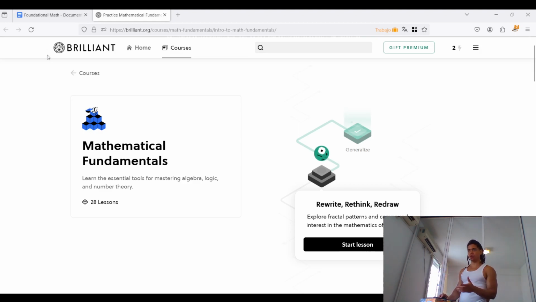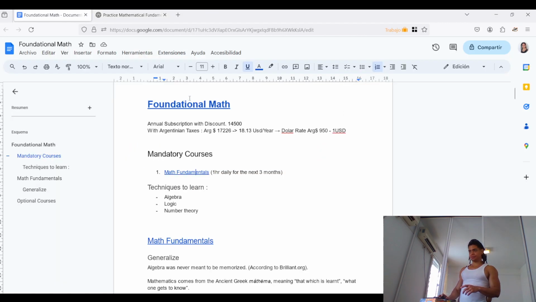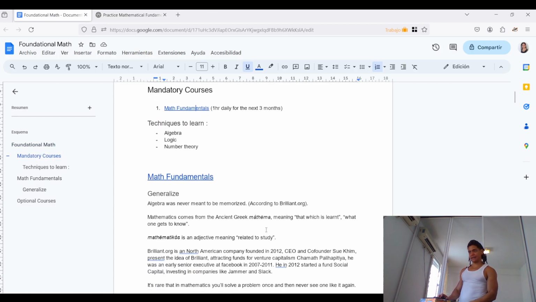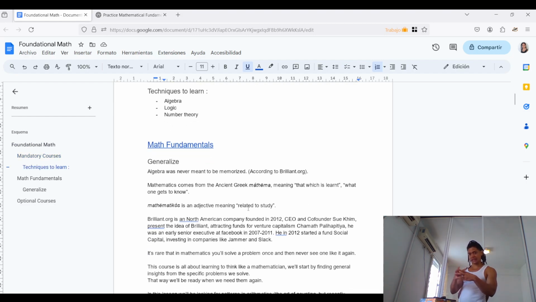this course, Brilliant.org, was founded in 2012 by the CEO and co-founder Sue King. So it presents this idea to attract venture capitalists like Chamath Palihapitiya.